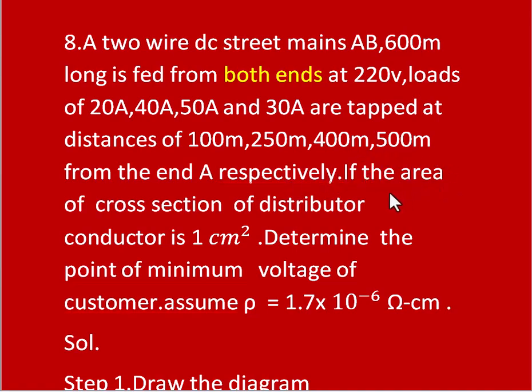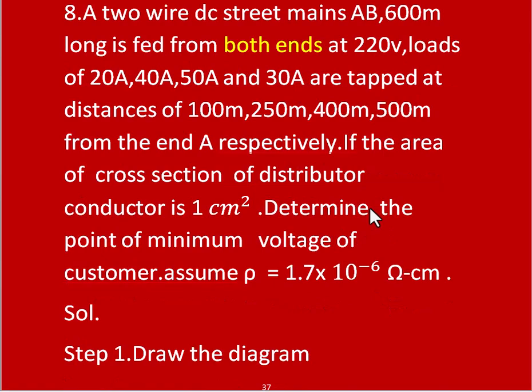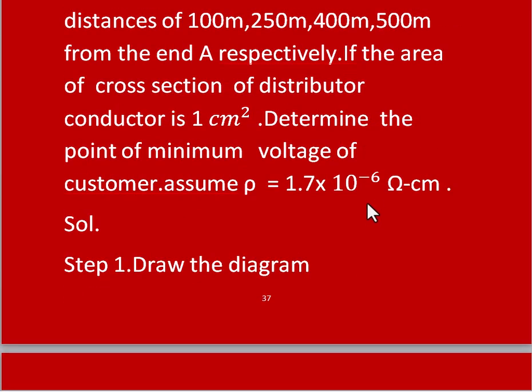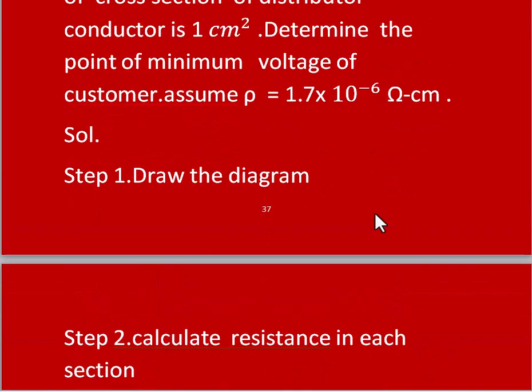If the area of cross section of the distributor is 1 centimeter square, determine the minimum voltage point on the distributor and assume the resistivity of the conductor as 1.7 into 10 power minus 6 ohm centimeters.